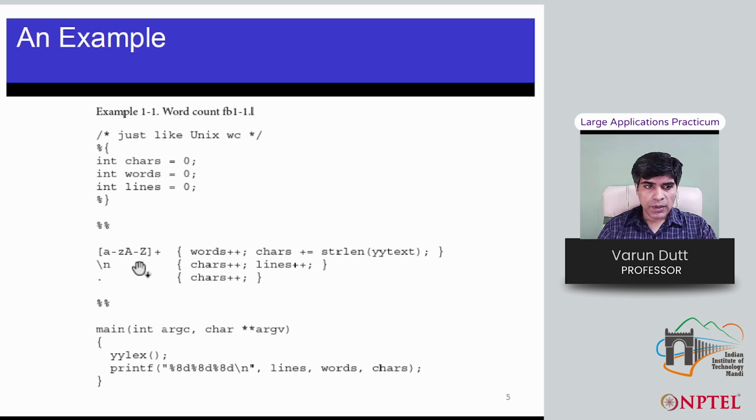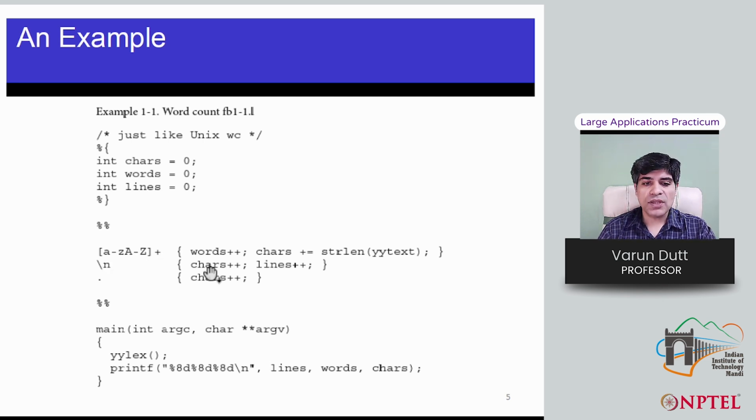The middle part is a set of rules, and as you can see, we have defined regular-expression-like rules, which say all a to z letters or capital A to Z letters followed by more symbols of the same kind. This construct increments words, and it also sets chars to be the length of the particular word which is in the input.